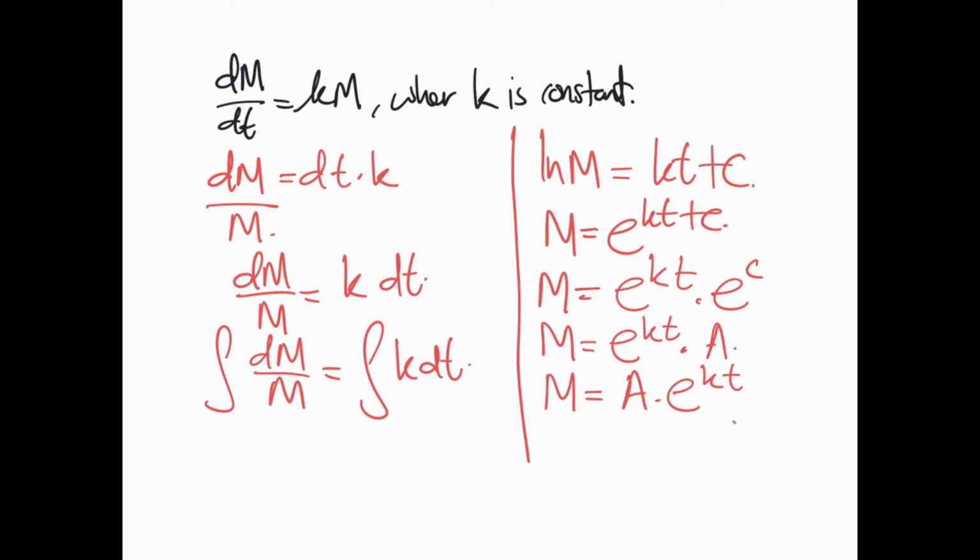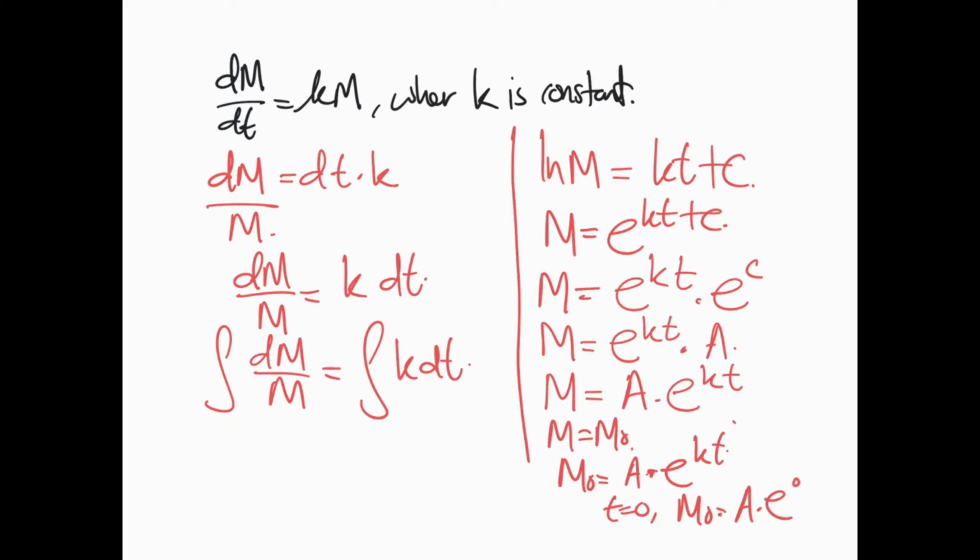Since the initial amount of food is m0 grams, by substituting m with m0 when t equals 0, you get m0 equals a times e to the power of 0.